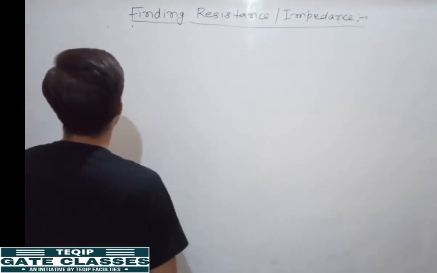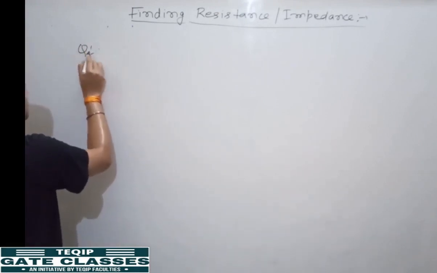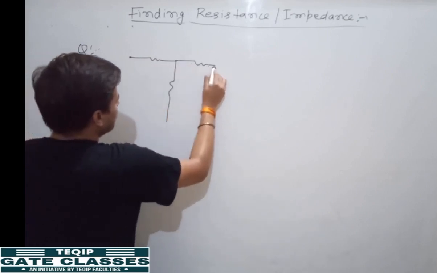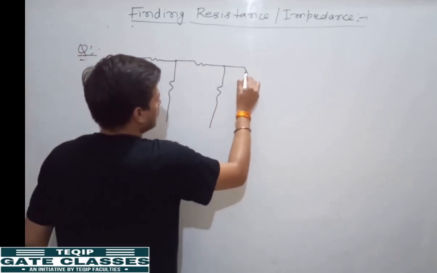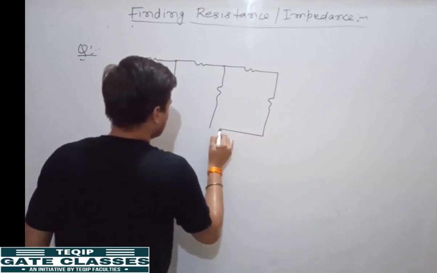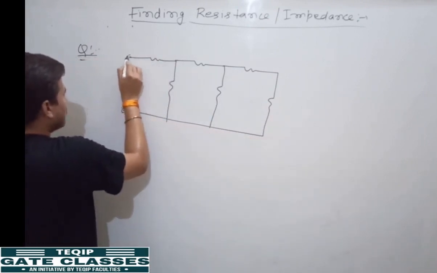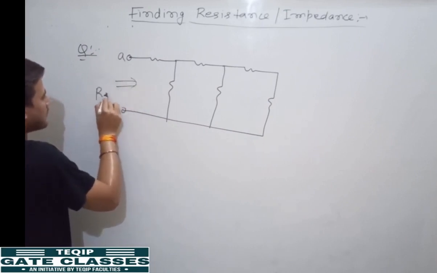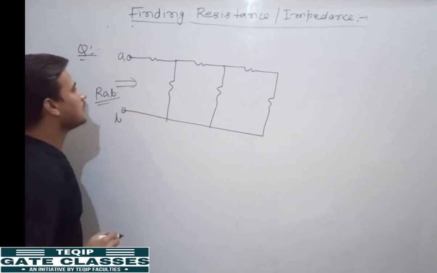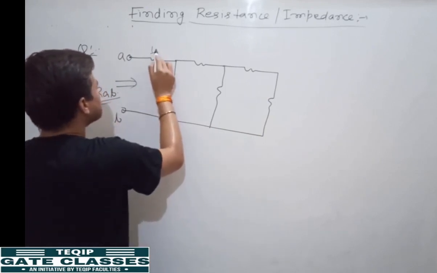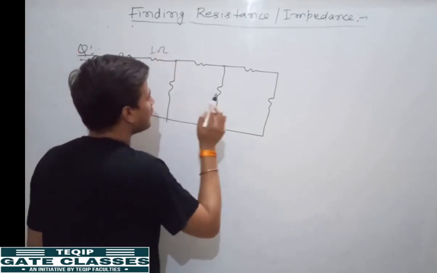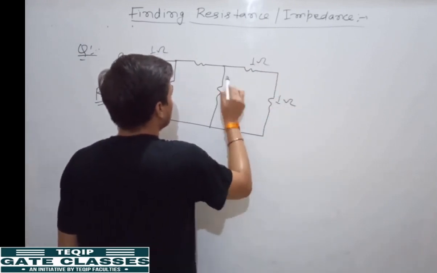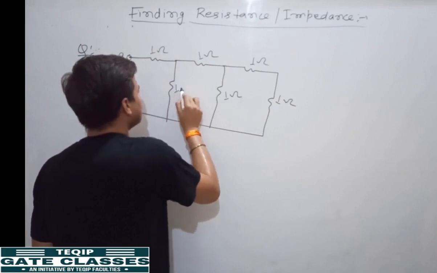So let us take the first circuit. The terminal is AB. You have to find the equivalent resistance seen from this terminal A and B. This is 1 ohm, 1 ohm, 1 ohm, 1 ohm, and this is also 1 ohm.